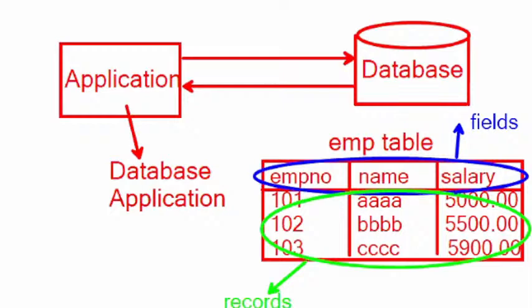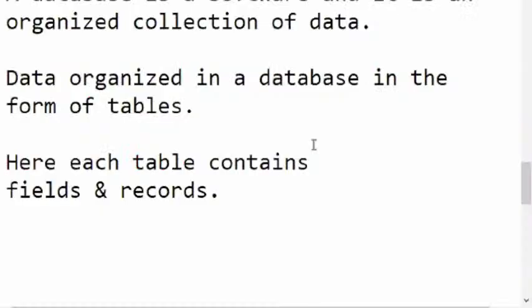Now observe. I'll open some applications, and you tell me whether each is a database application, a database, or an application. Suppose it is Notepad. Can I call it an application? Yes. Can I call it a database application? No. Can I call it a database?